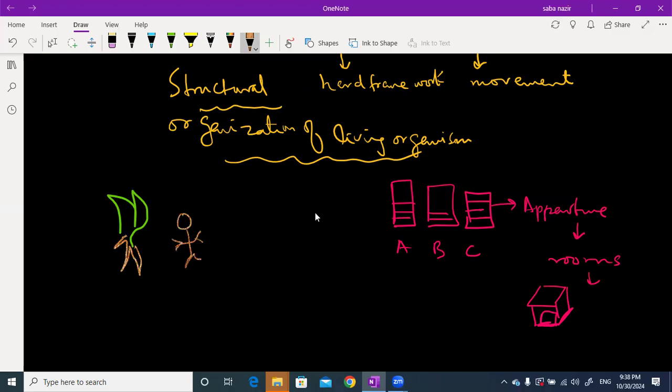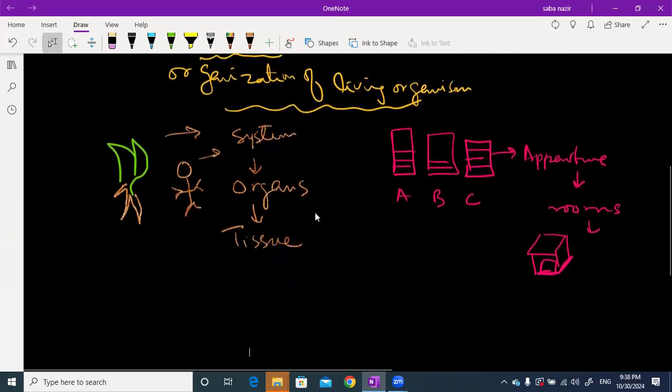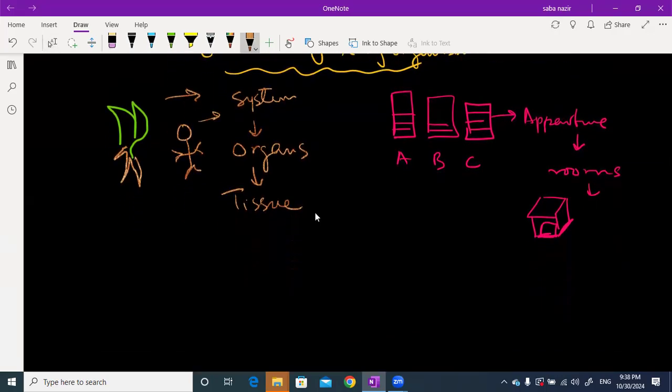If we cut open the body of any such living organism, we explore different body systems. These systems are made up of different organs. These organs are made up of different tissues. These tissues are made up of different types of cells.